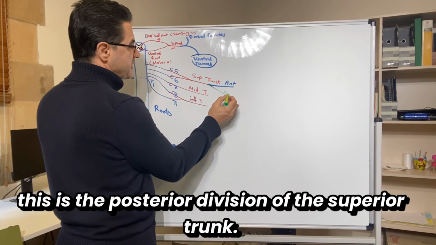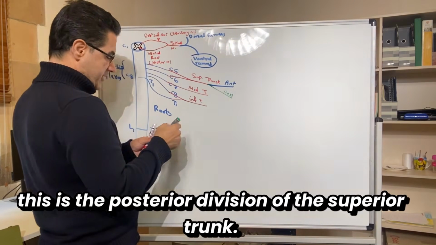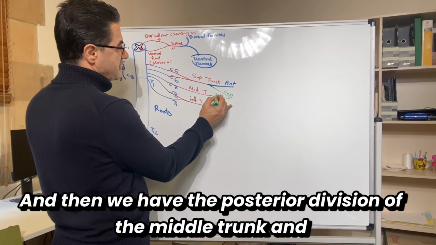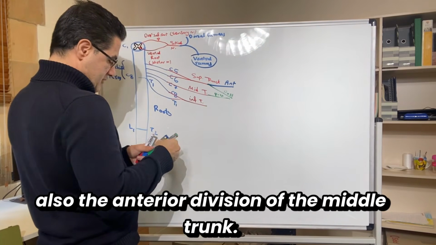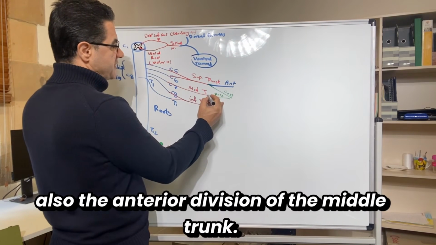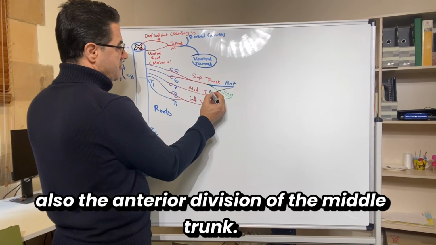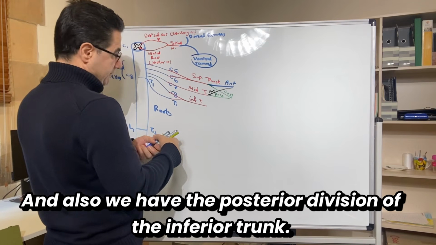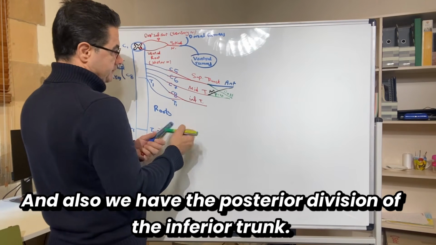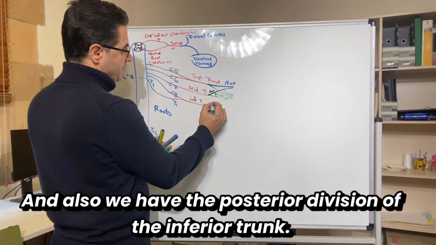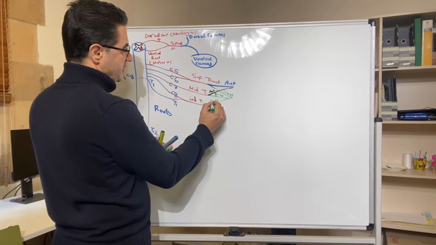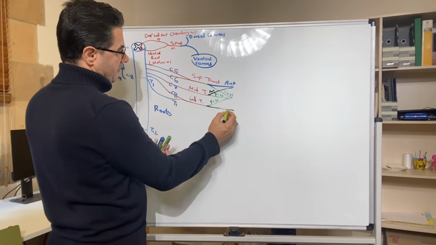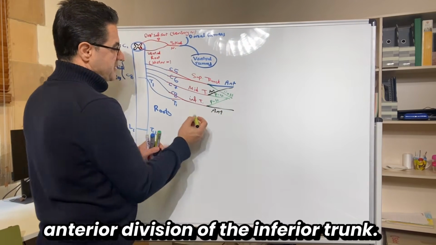This is the posterior division of the superior trunk, and then we have the posterior division of the middle trunk, and also the anterior division of the middle trunk, and also the posterior division of the inferior trunk, and finally the anterior division of the inferior trunk.